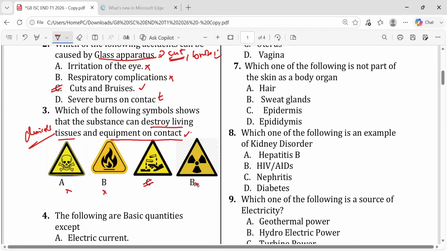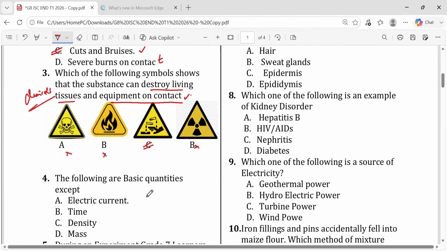The right answer there is choice C, corrosives. You can see these are chemicals spilling on the body tissues and even equipment here, and they cause destruction. So that is choice C, corrosives.